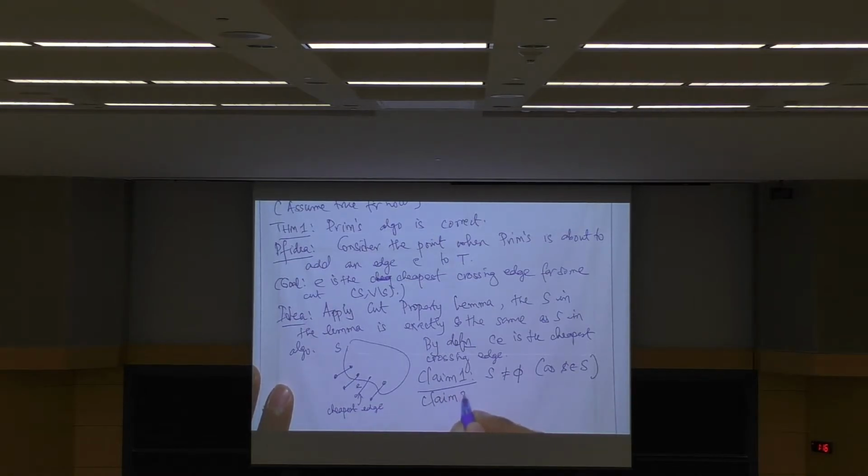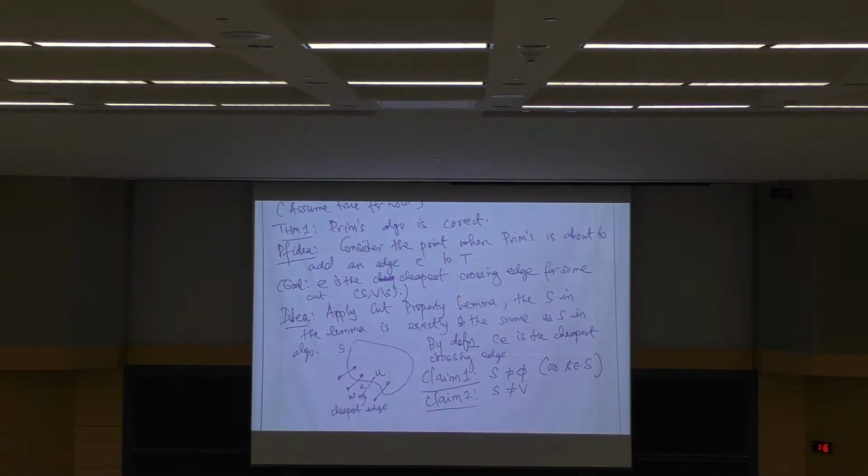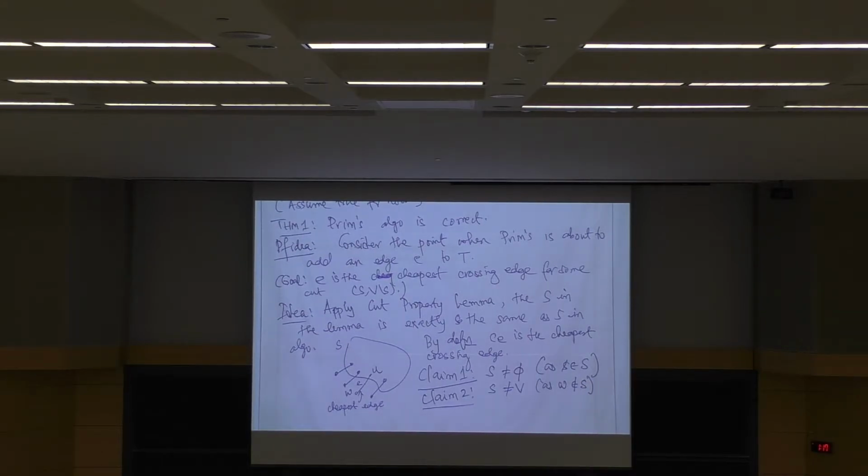Claim 2, S is not everything, because at this point the algorithm is trying to add the edge E. So let's say one endpoint is U, the other endpoint is W. Then since UW is a crossing edge, by definition W is not in S. Right, so again, for a crossing edge one endpoint is in S, the other endpoint is not in S. So just the fact that you have a crossing edge implies that there is a vertex that's not in S. And this is all you need to make sure that the cut is non-trivial, right?